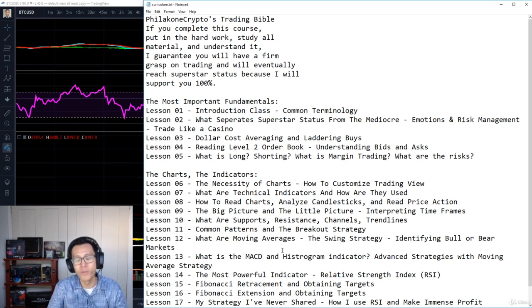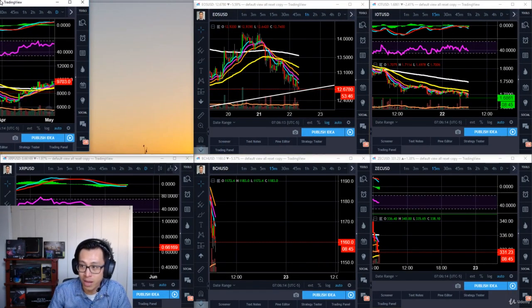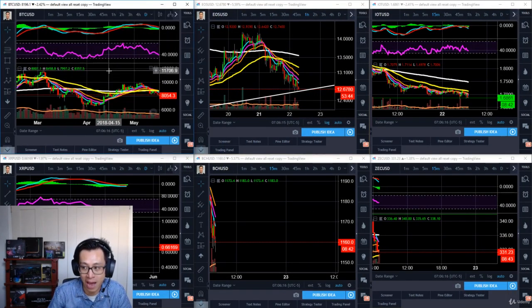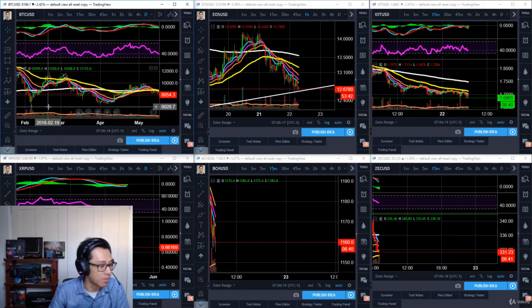Remember we were talking about how there are lagging indicators and also not lagging indicators. RSI is one of those tools that is not a lagging indicator, meaning that it takes real time information.